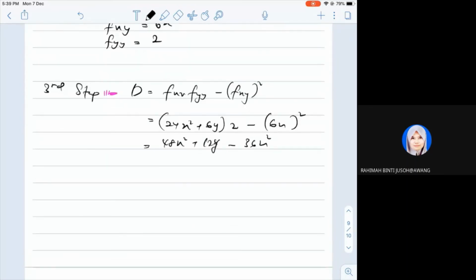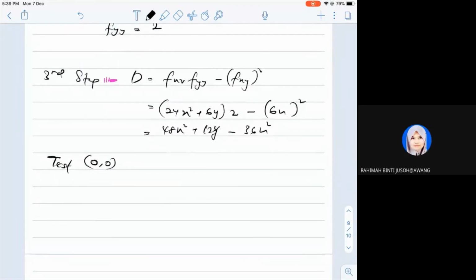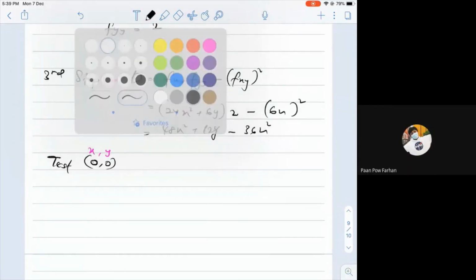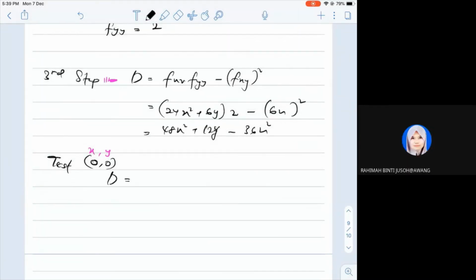Ini sah-sah, no conclusion ni saya rasa ni. Okay, so now test 0, 0. You kena substitute x equals to 0, y equals to 0. Bukan settle ni. There no conclusion ni, kan? Sebab D you akan dapat bila substitute 0, everything is 0, plus 0 minus 0. So D equals to 0, so no conclusion.